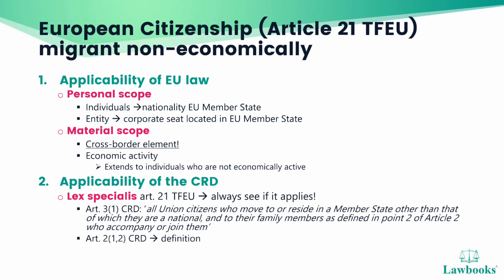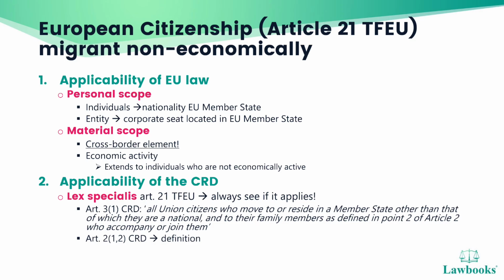Then in Article 2, paragraphs 1 and 2 of the CRD, we see a definition of a Union citizen. So who is a Union citizen? Well, it's any person having the nationality of a member state, so that's quite logical. And Article 2, paragraph 2 gives the definition of a family member. Well, the family members are the spouse, the partner in a contracted registered partnership, and the direct descendants.